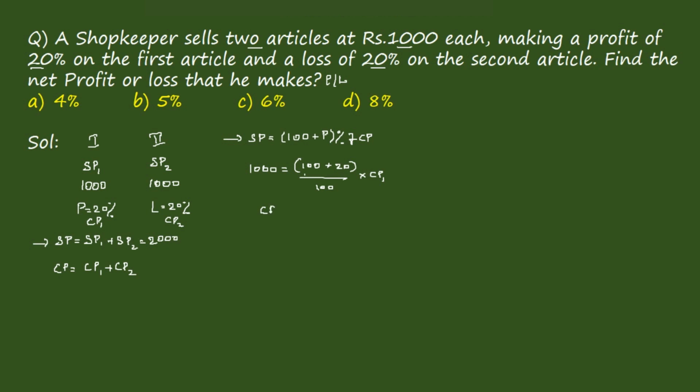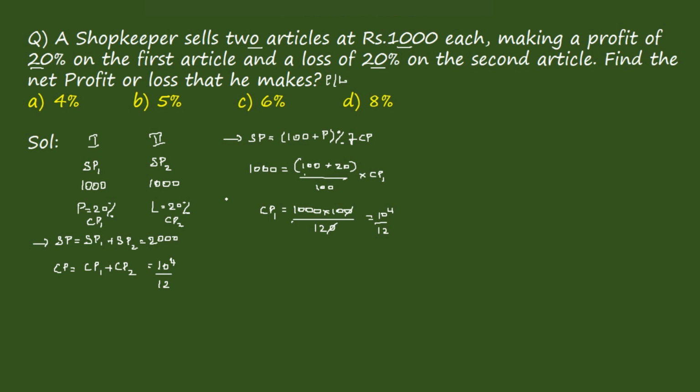So cost price 1 is equal to 1000 into 100 by 120, right? The zeros get cancelled here, so it becomes 10 power 4 by 12. We got cost price 1, which is equal to 10 to the power 4 by 12.